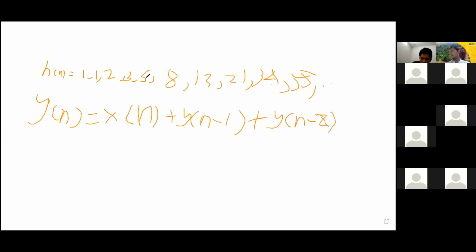Then we can use the Z transform to make it the system function.